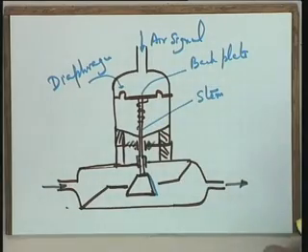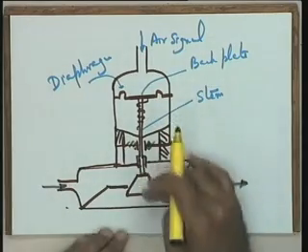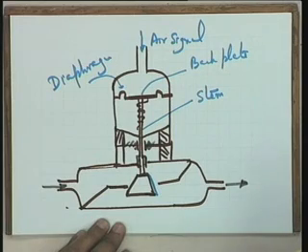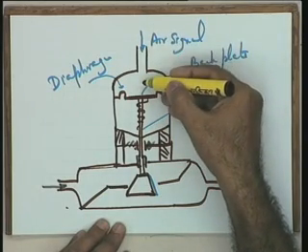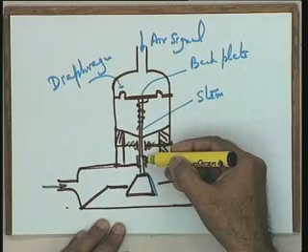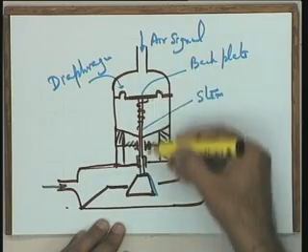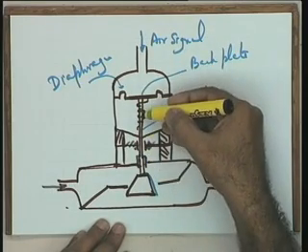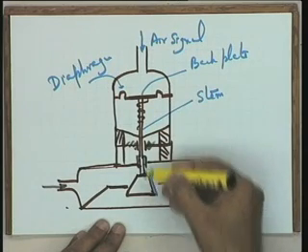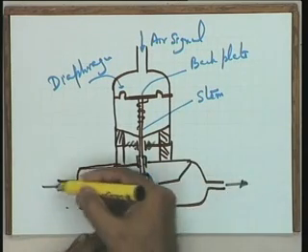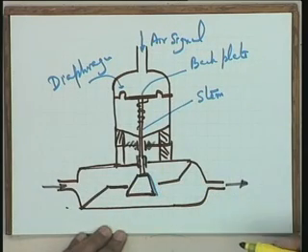A balanced situation will come at which this particular stem will have its steady position. I need your attention please. When there is an increase in the air pressure, this stem moves down, and the balanced situation will come because of this spring. When this stem moves down, this opening is increased, and hence the flow through this will increase.